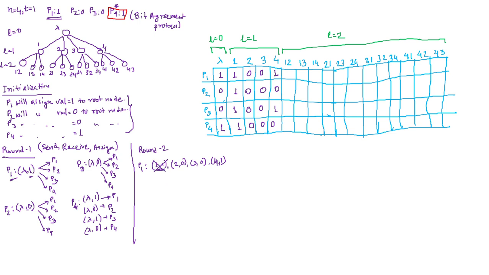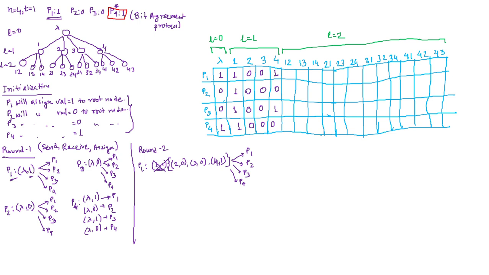So it does not send this information. But for the rest of the node tags, the information will be sent. So all this information will be sent to all the parties, again P1, P2, P3 and P4.